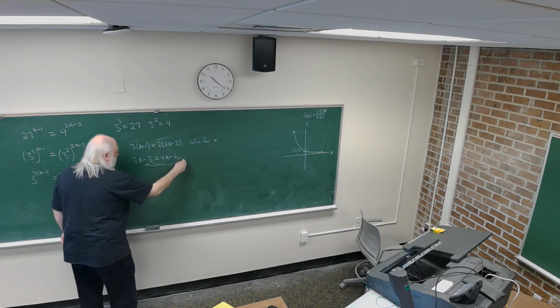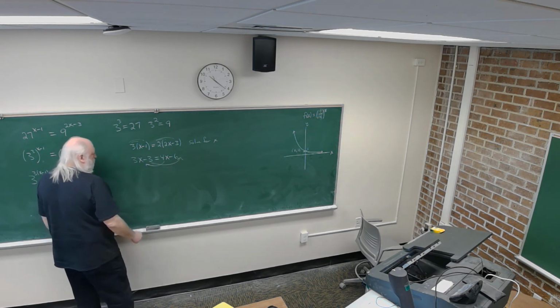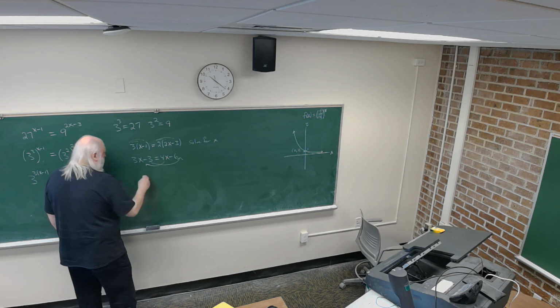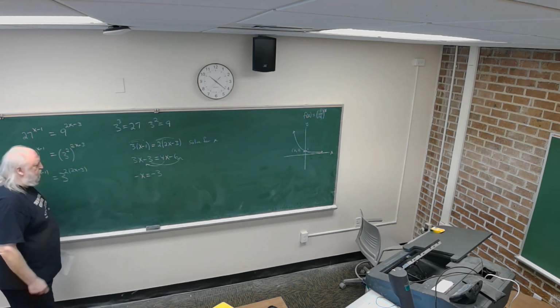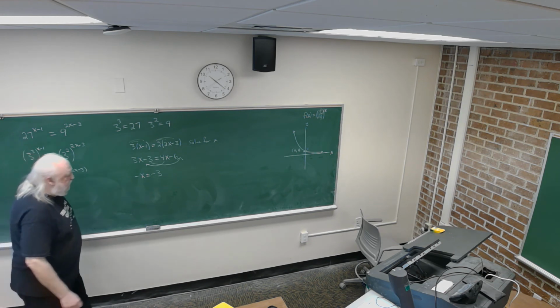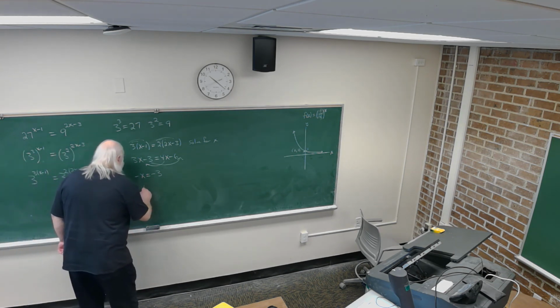We move the minus 3 to the right by addition. 3x minus 4x is minus x. And minus 6 plus 3 is negative 3. And then when you divide both sides by negative 1, you get x is equal to plus 3.